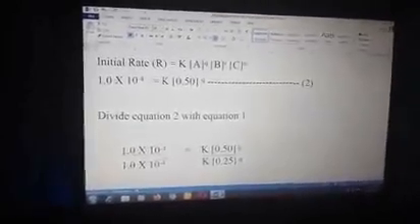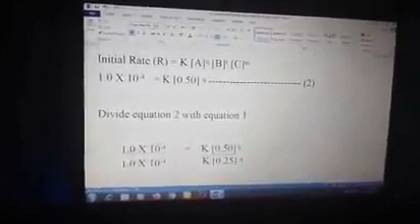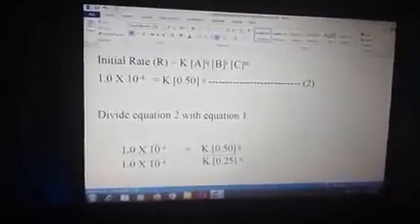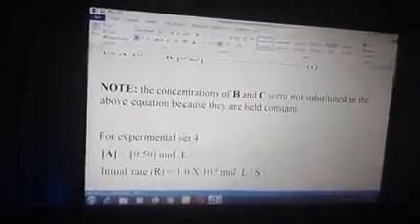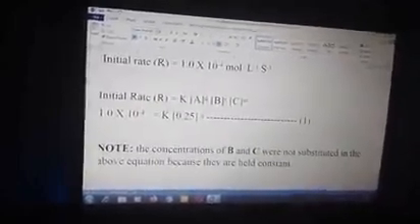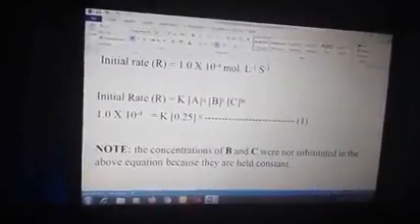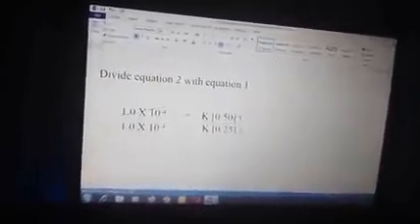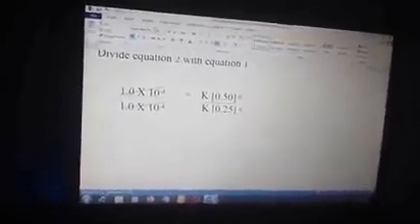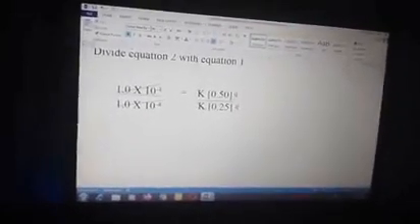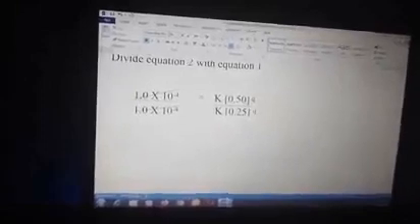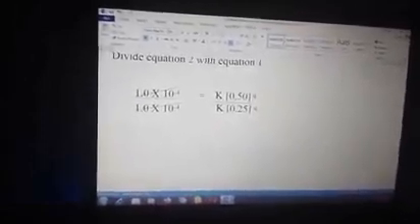Equation 2 is 1.0 times 10 power minus 4 equals K times 0.5 raised to power Q as the numerator, and equation 1 is 1.0 times 10 power minus 4 equals K times 0.25 raised to power Q as the denominator. Look at the expression. 1.0 times 10 power minus 4 cancels out 1.0 times 10 power minus 4, and on the other side K cancels K.